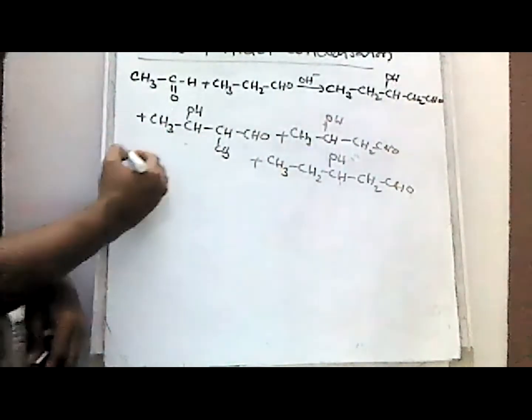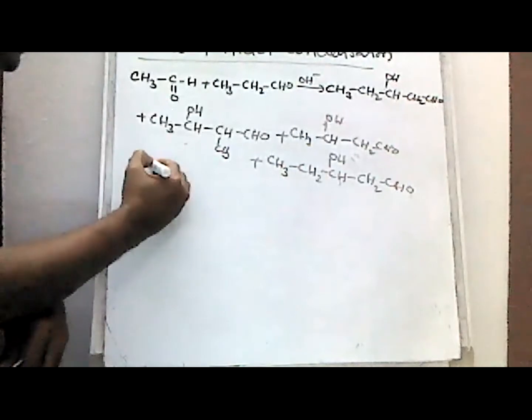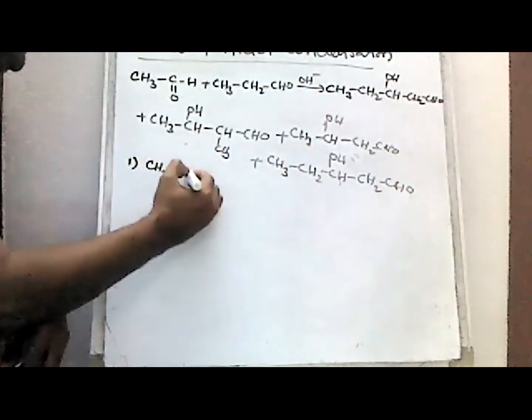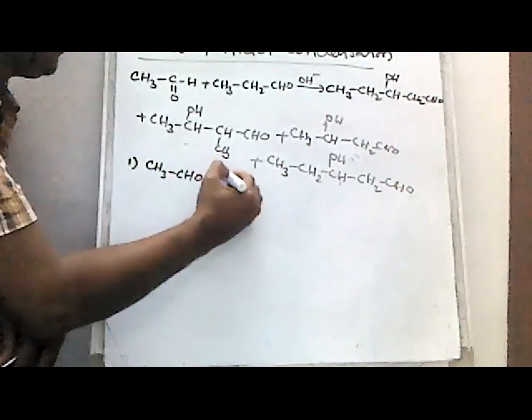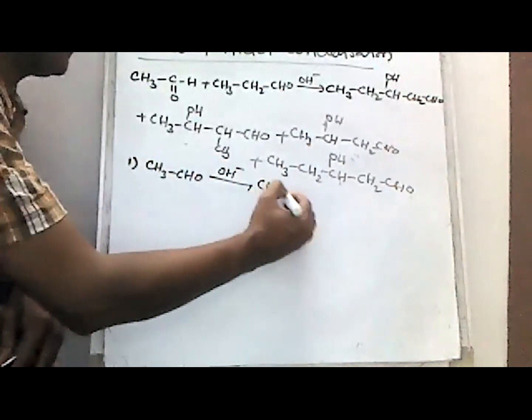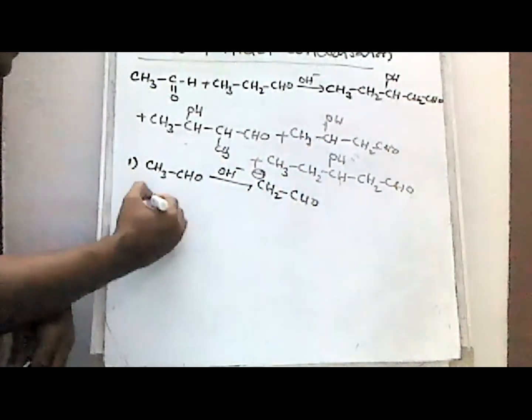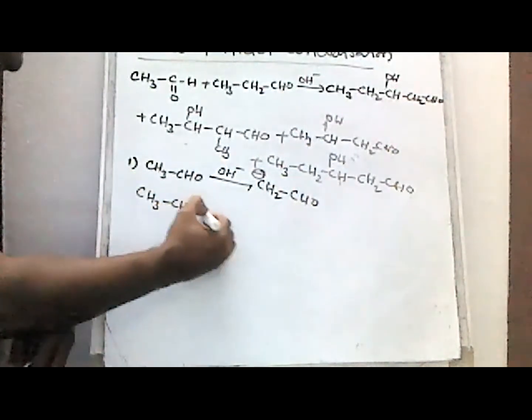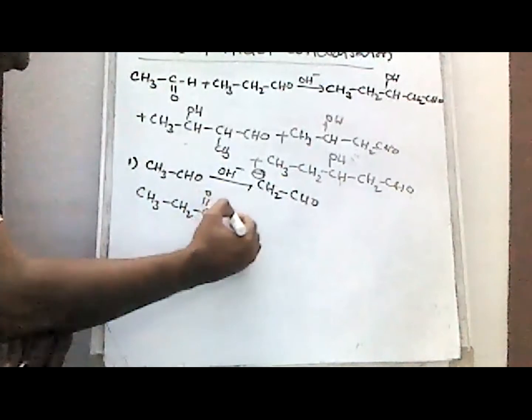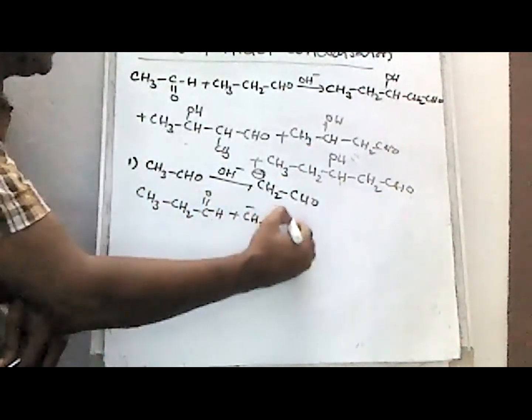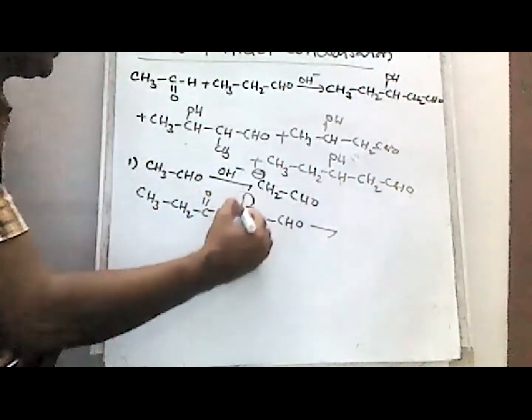The first product: this ethanal forms the carbanion, CH2 minus CHO, which attacks the second aldehyde. Then what happens?